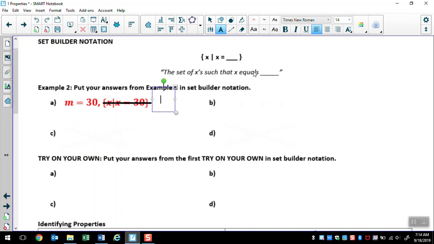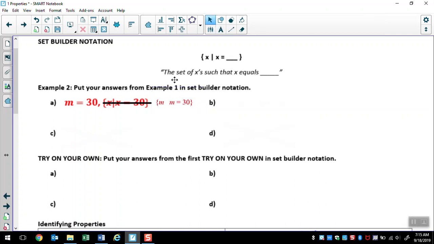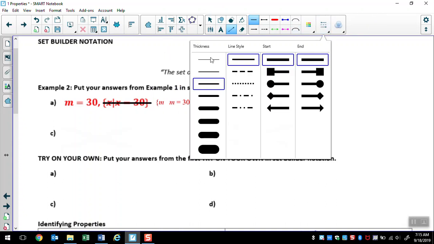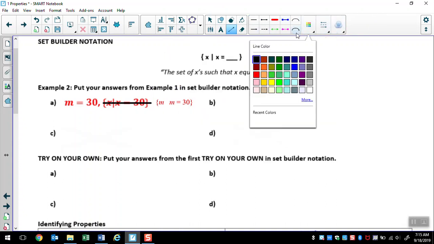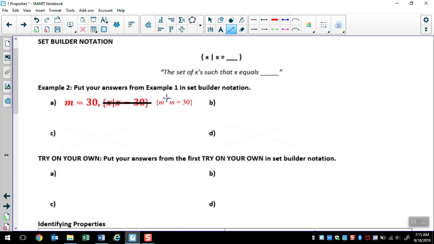It should be brackets, m, I'll put that line in, m equals 30, and then we'll close our brackets. And then I'm just going to put that little line in there because we do need that, in red just so it matches up. There we go. So that's what it should be. Since our variable used was m, we should use m in our notation.